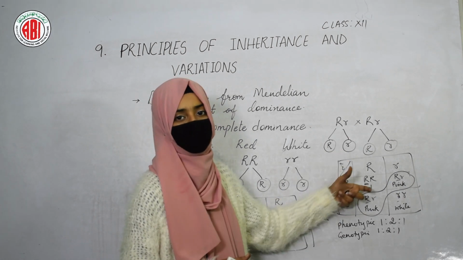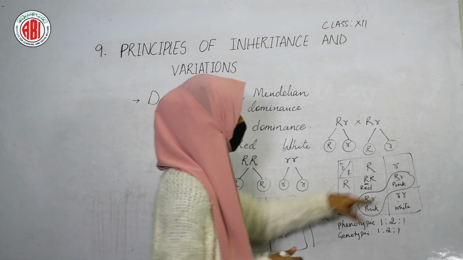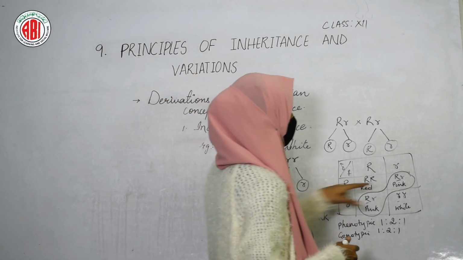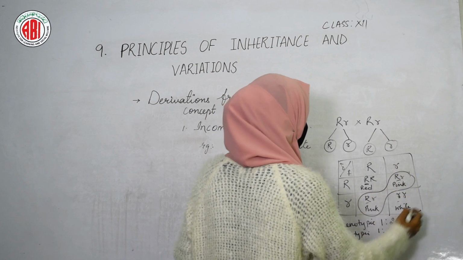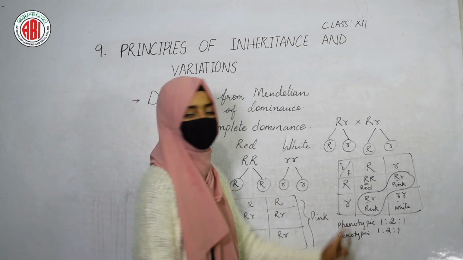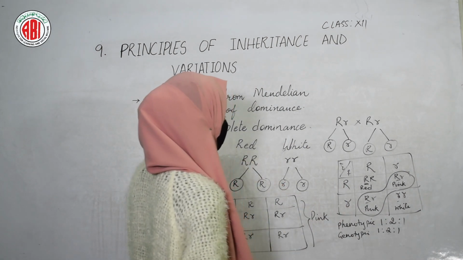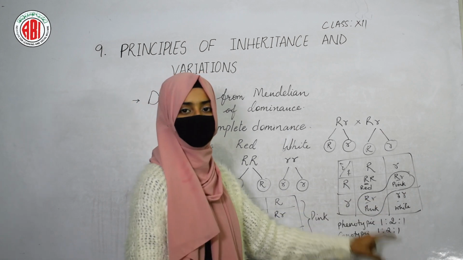A different character is expressed in case of incomplete dominance, and that is pink color. So here we take 2 heterozygous and 1 recessive, 1:2:1. The genotypic and the phenotypic ratio in case of incomplete dominance is the same, that is 1:2:1.